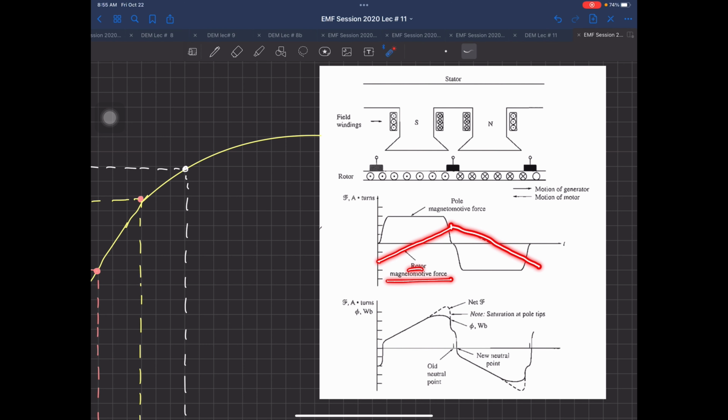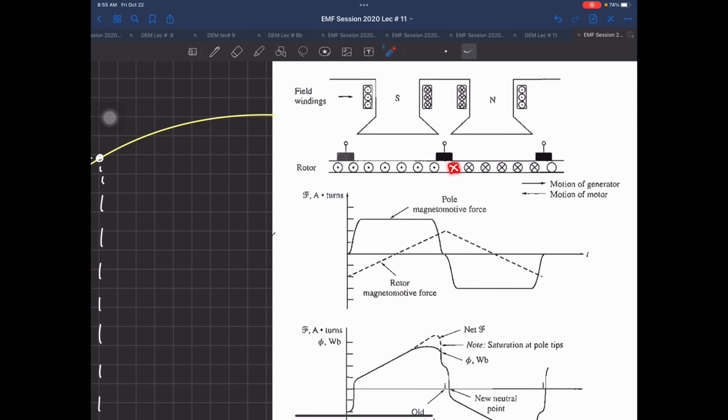And why does this have a peak at this point? Because if you see very closely, this is a cross, this is a dot, so the magnetic field at this point is going to be maximum. Then a little farther it will be a little less, and again a little less.